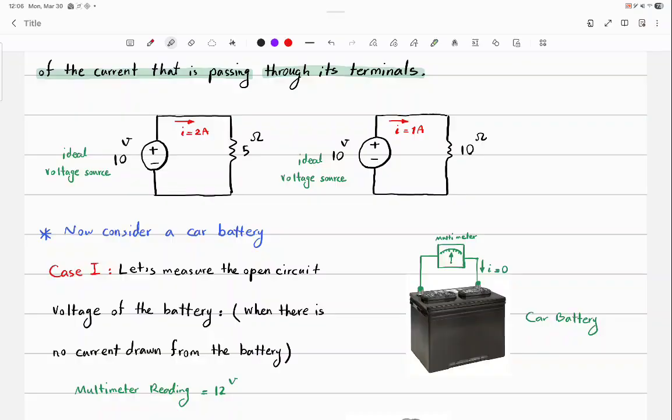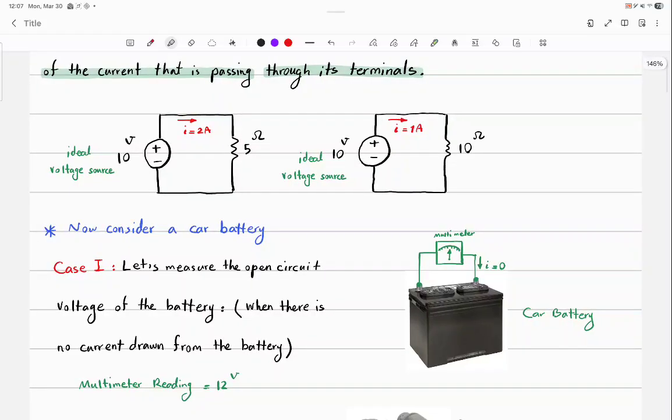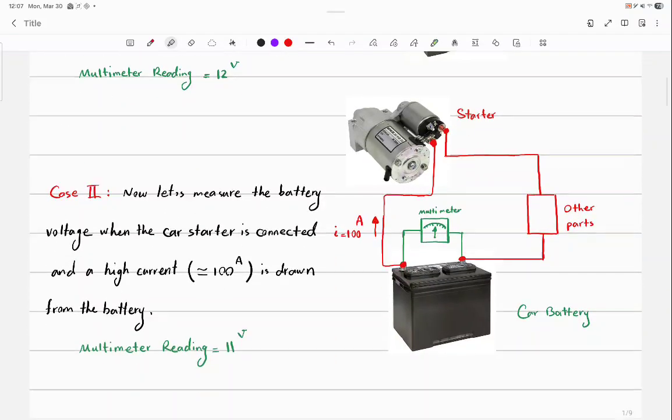Connect the multimeter across the terminals of the car battery when the car is off. You measure 12 volts. Now, at the same time that the multimeter is connected to the terminals, crank it. Start the engine. It will probably go down to around 11 volts. So the voltage across the terminals of the battery that you're measuring is changing. It's not ideal. We're going to understand why this happens, and that's fundamental to our next discussion.